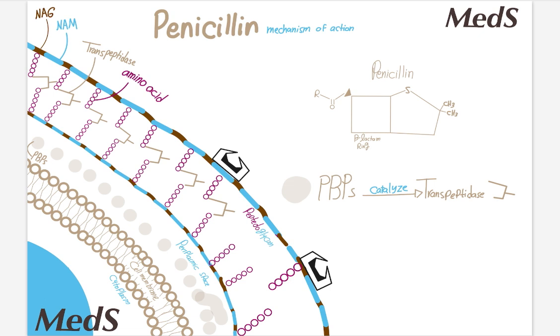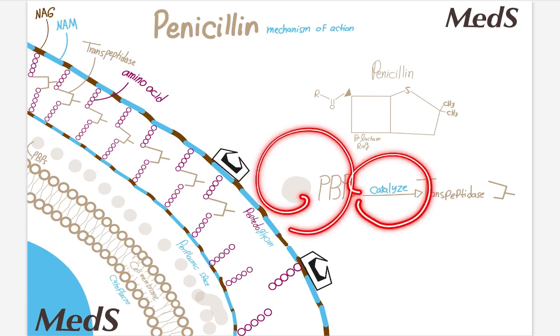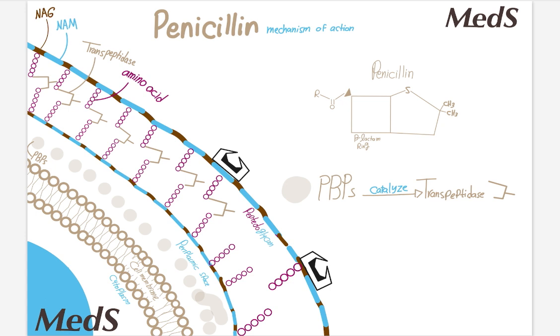Now, my friend, you tell me, who made this transpeptidase enzyme? What made this transpeptidase enzyme is a protein. This protein catalyzes the transpeptidase reaction, so transpeptidase can combine one amino acid to another amino acid and make a rigid cell wall. This is the normal state of bacterial cell wall synthesis.